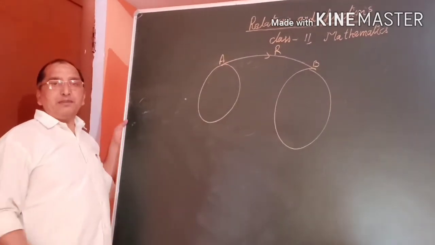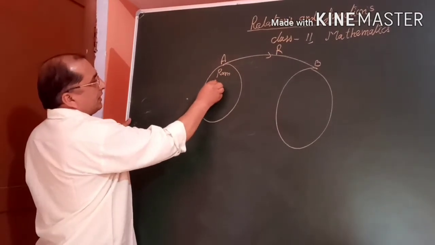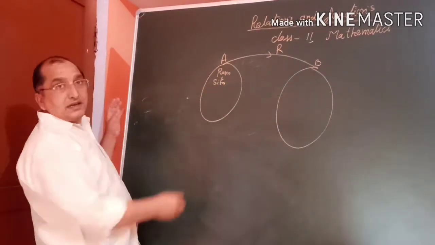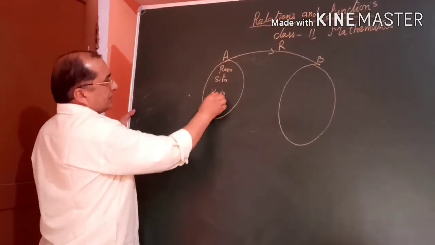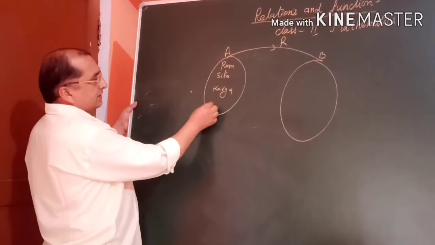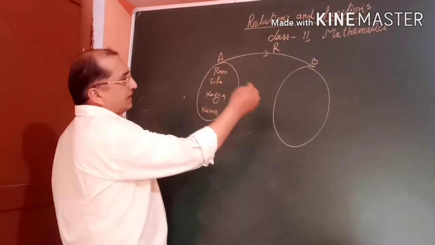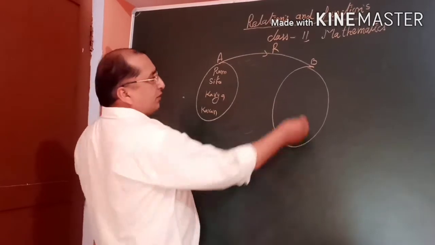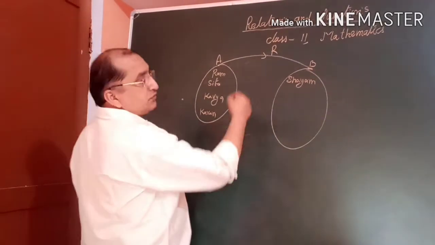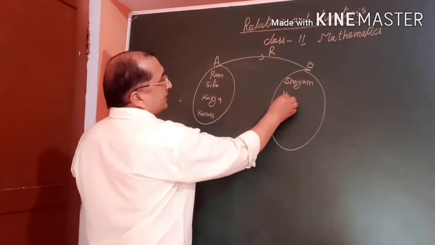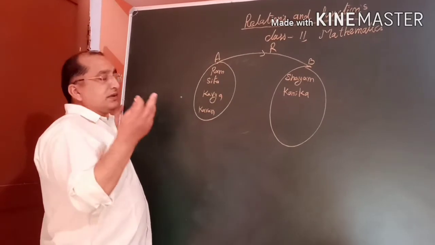The first family has the family members Ram and Sita, and one daughter, Kavya, and one son, Karan. In the other family, the head of the family is Shyam, and his wife whose name is Twanika, and they have two sons.